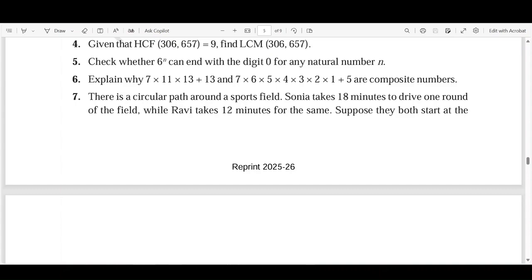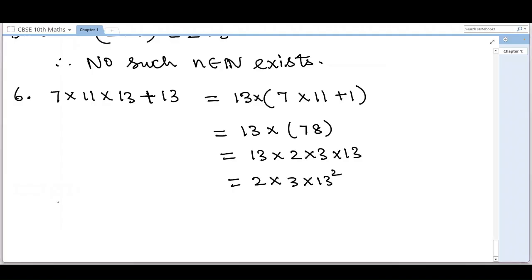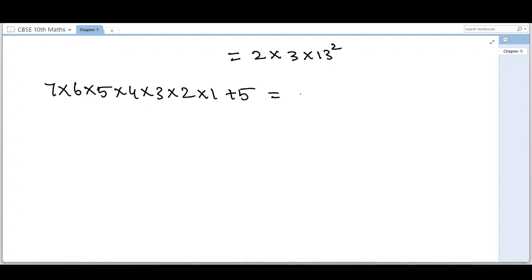In a similar way, we can also check the next number, 7 into 6 into 5 into 4 into 3 into 2 into 1 plus 5. Here also we can find 5 to be the common term. So if you take it out, you will have 5 into 7 into 6 into 4 into 3 into 2 into 1 plus 1.